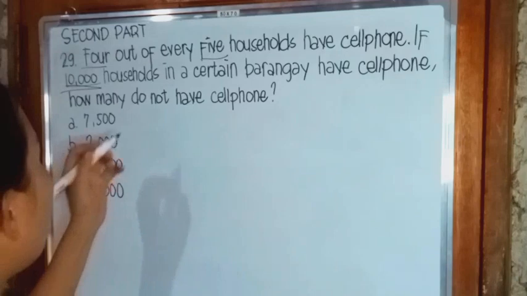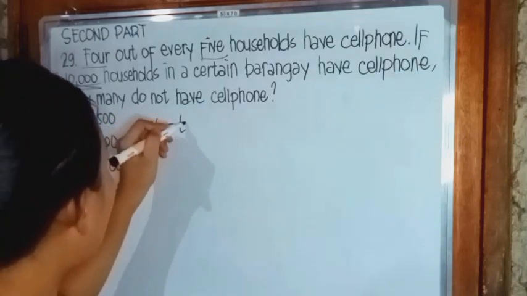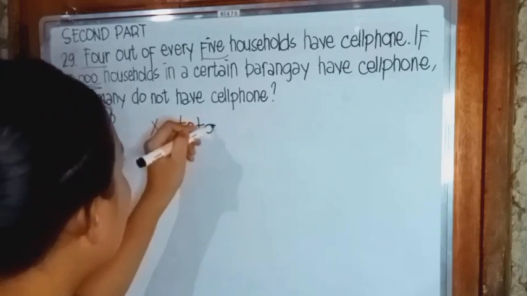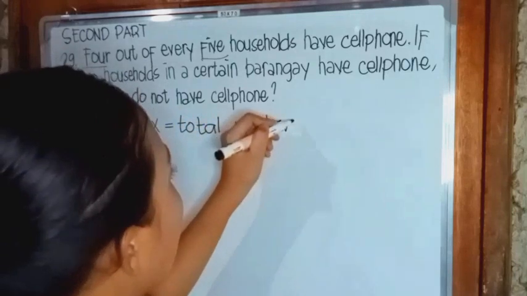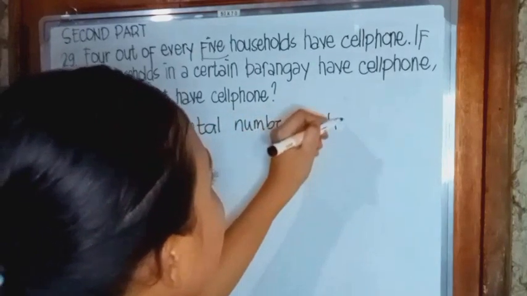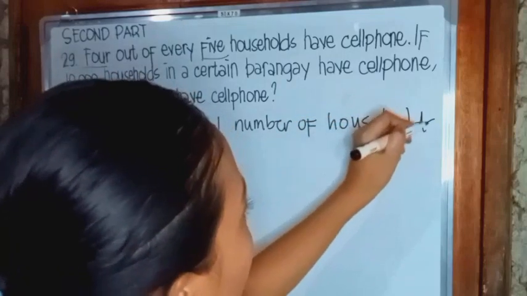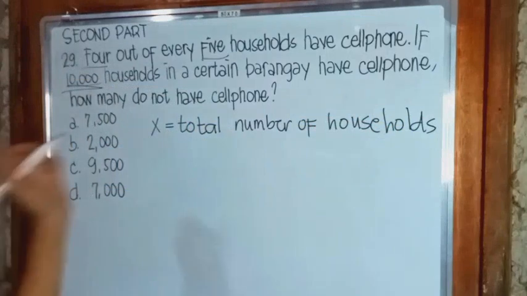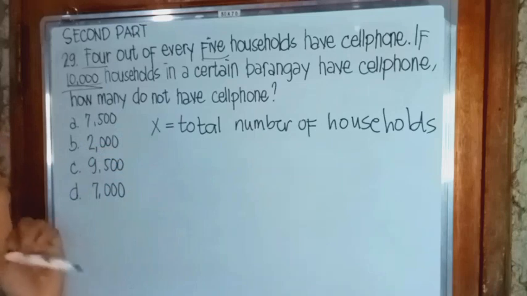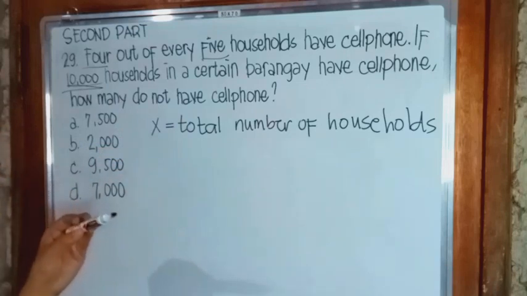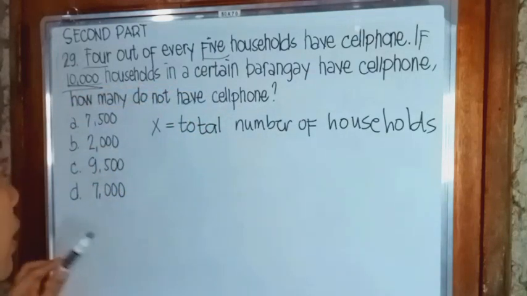So we have to let x be the total number of households. So this is still unknown. So we need to find the value of x, or the total number of households in a certain barangay, in order to find the number of households who do not have cell phones yet.